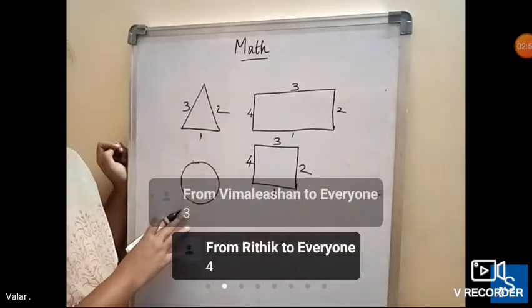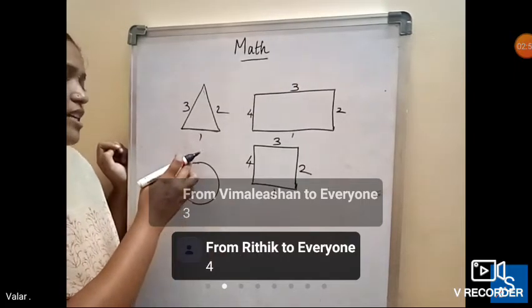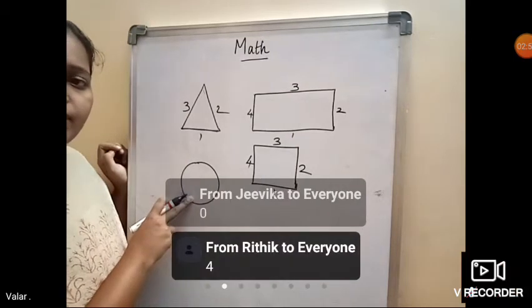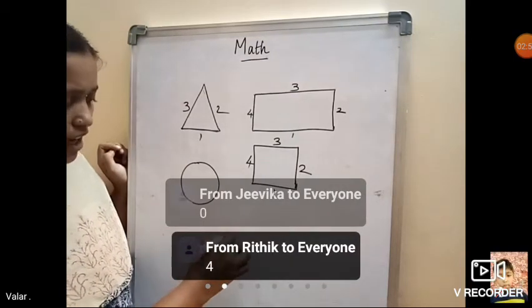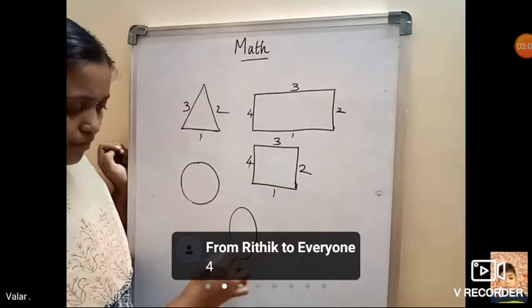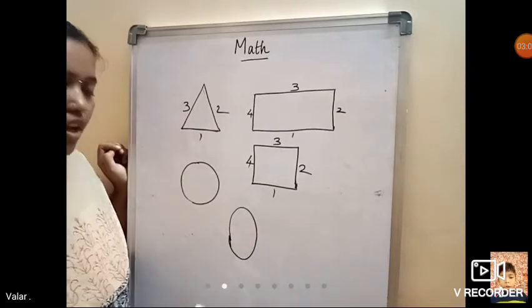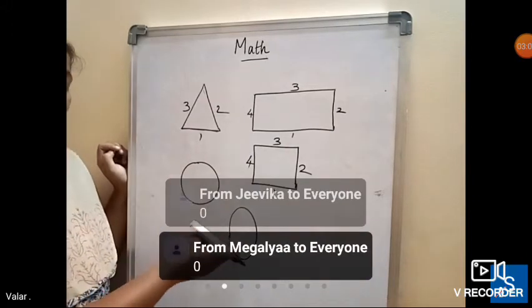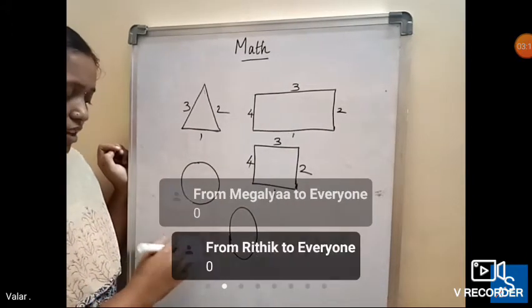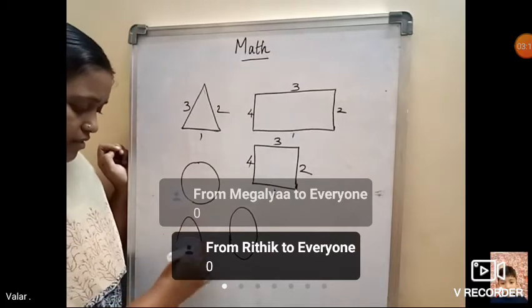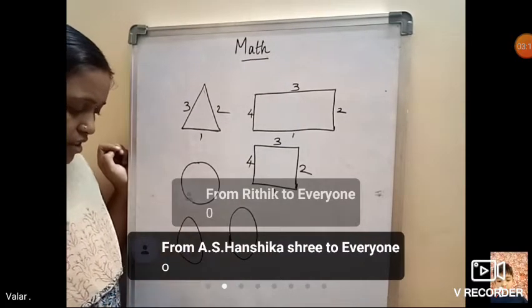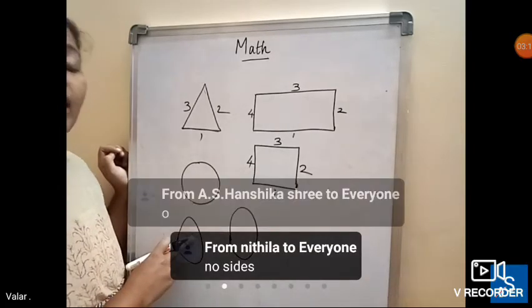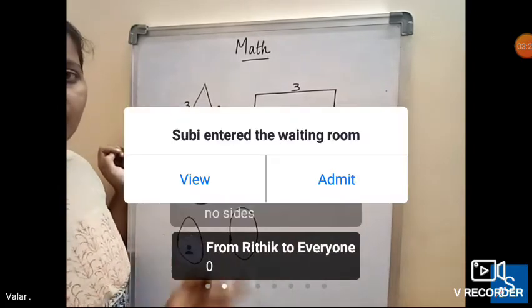a circle. How many sides are there in a circle? And also for the oval shape. For these two shapes, if it is a circle or oval, you can see, these types of shapes will not have any sides.